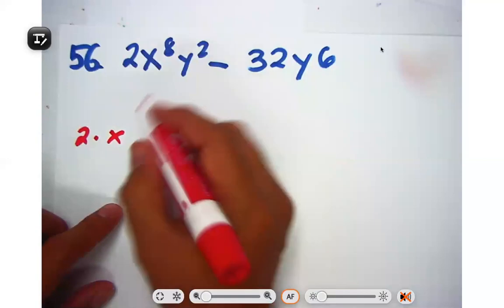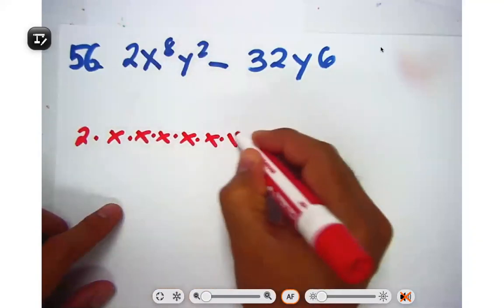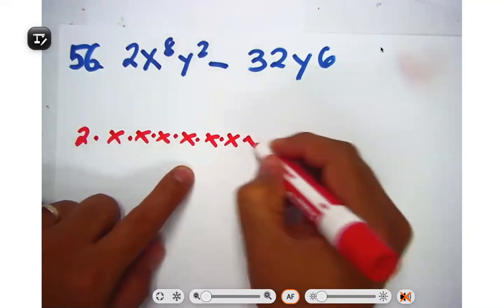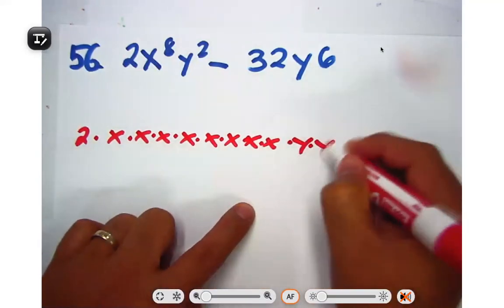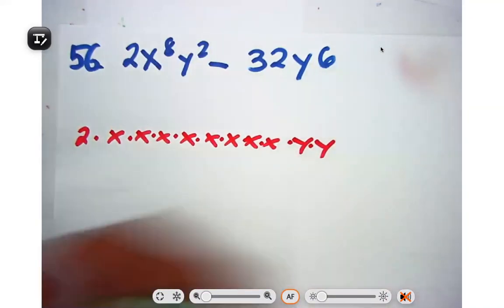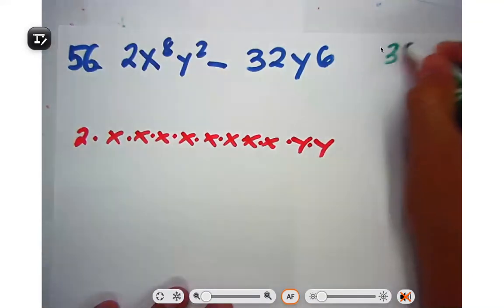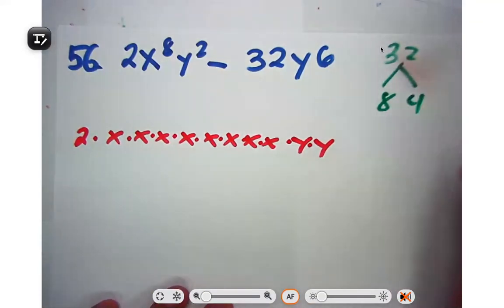The factors are 8 x's. Then we have y squared, 32. What are the factors of 32? You can have 8, 4, right?